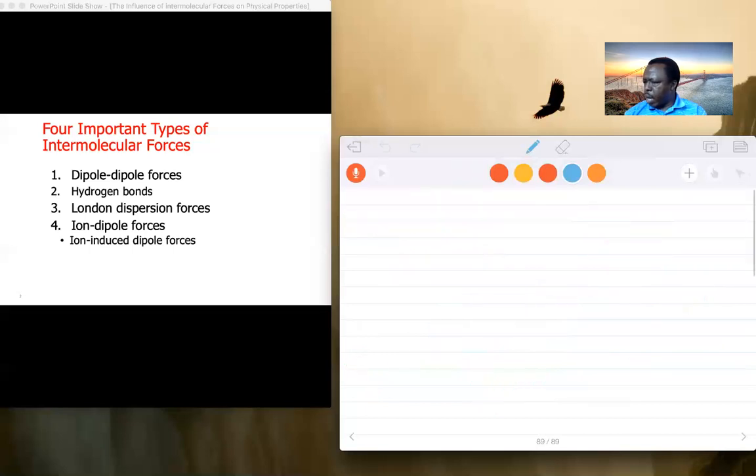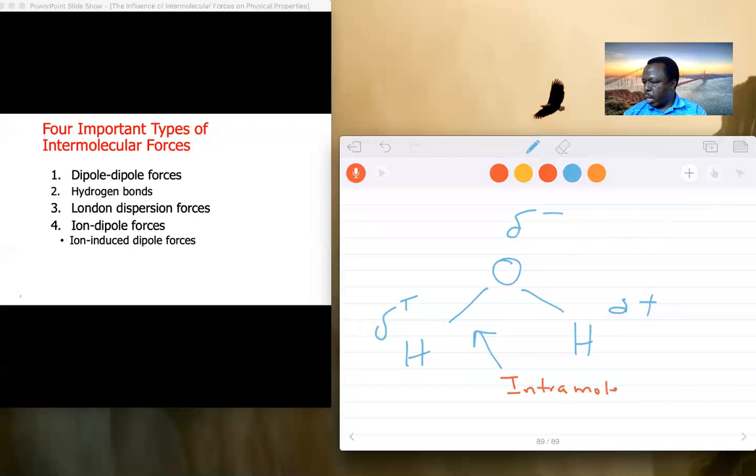Whereas if I have a water molecule such as this, hydrogen and oxygen being most electronegative, positive, positive, this is called intramolecular force of attraction.